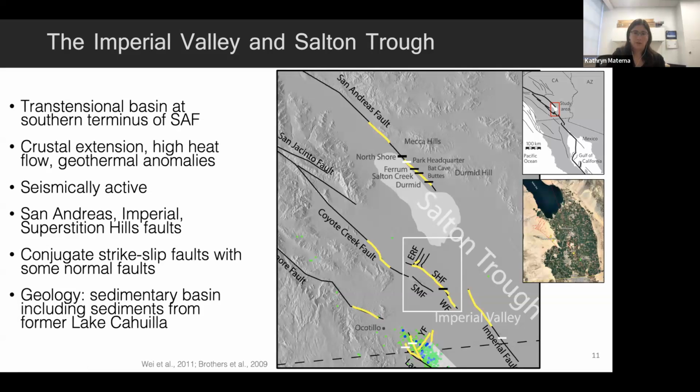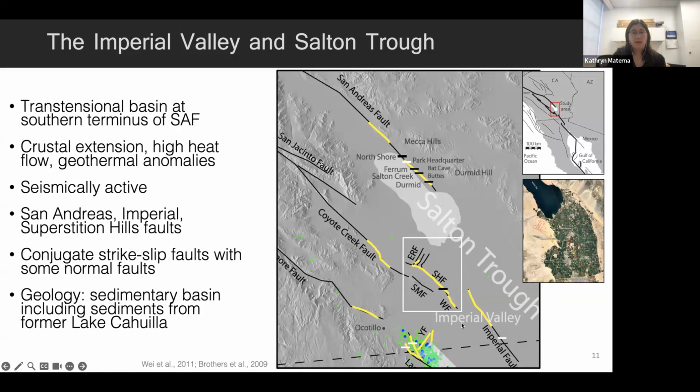The important faults to know about in the deformation field in this region are the San Andreas Fault here, which ends. The Superstition Hills Fault is this one, connected to some other conjugate faults. And the Imperial Fault is this one here that crosses the border between California and Mexico.